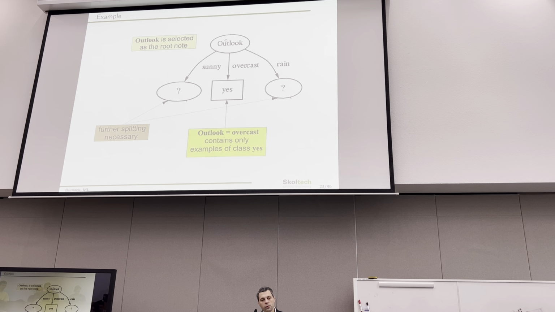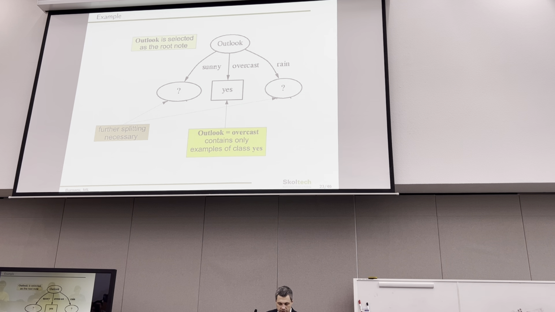So we do this, and we get 3 subsets. For the subset where the outlook is overcast, all examples already have the label yes, so we don't need to do anything else in this case.